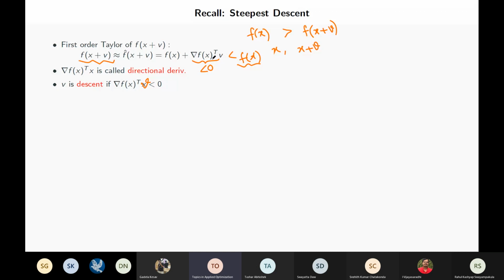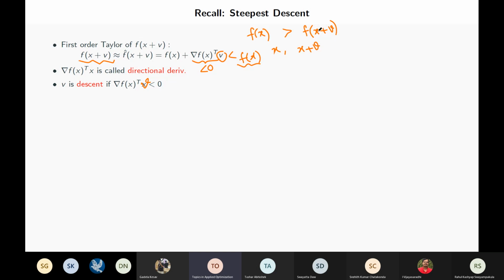So what we see from here is that it's about producing a vector v such that the gradient of f of x, which we can compute at the current point x, satisfies the following. Any vector that we produce, if the gradient of f of x transpose that vector is negative, then that vector v is the direction to follow.